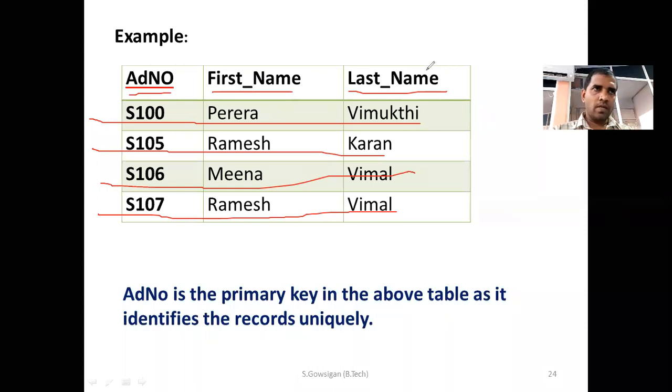For some time, forget about this table and listen to my situation. I'm going to tell you one important thing. Assume I have 50 students in front of me. I'm in a class. There are 50 students in the class. Listen to me very carefully.